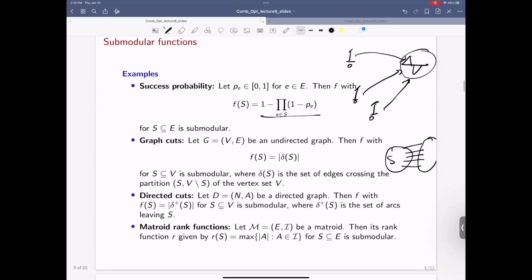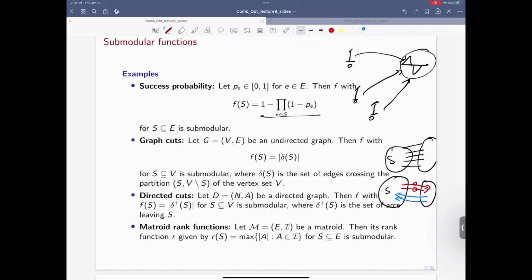Then when you take a subset, you could have arcs going out from this vertex set, but you can also have arcs that are going in to the set. But the directed cut only counts the number of arcs that are leaving. And even this quantity gives you a submodular function.